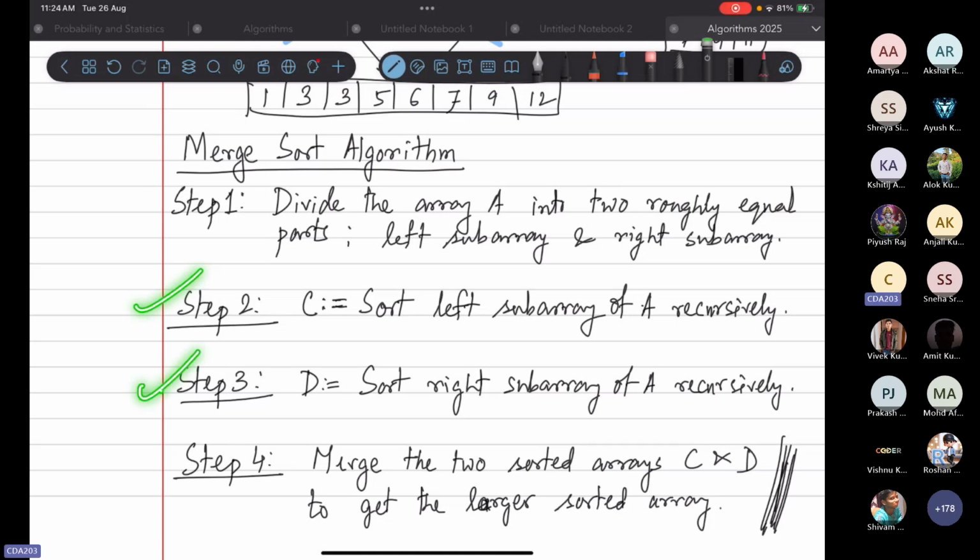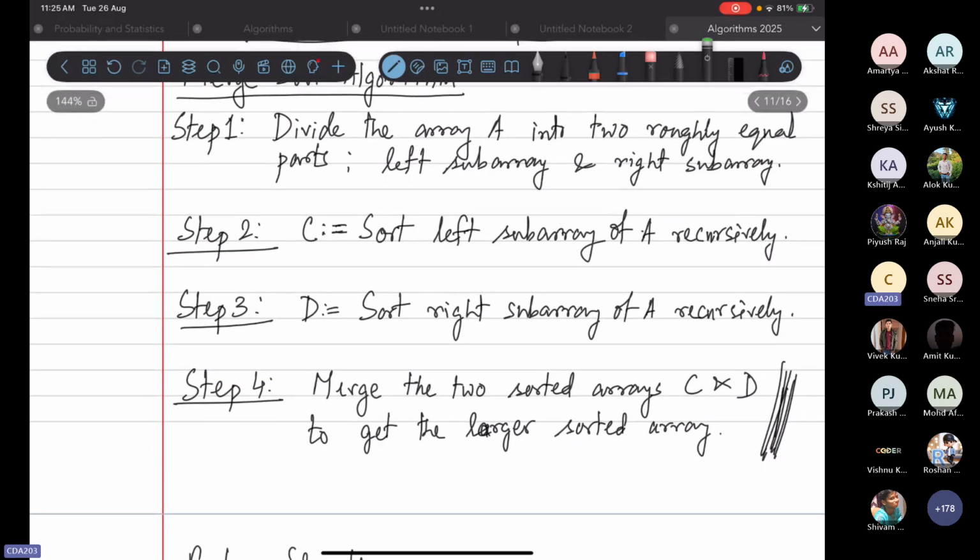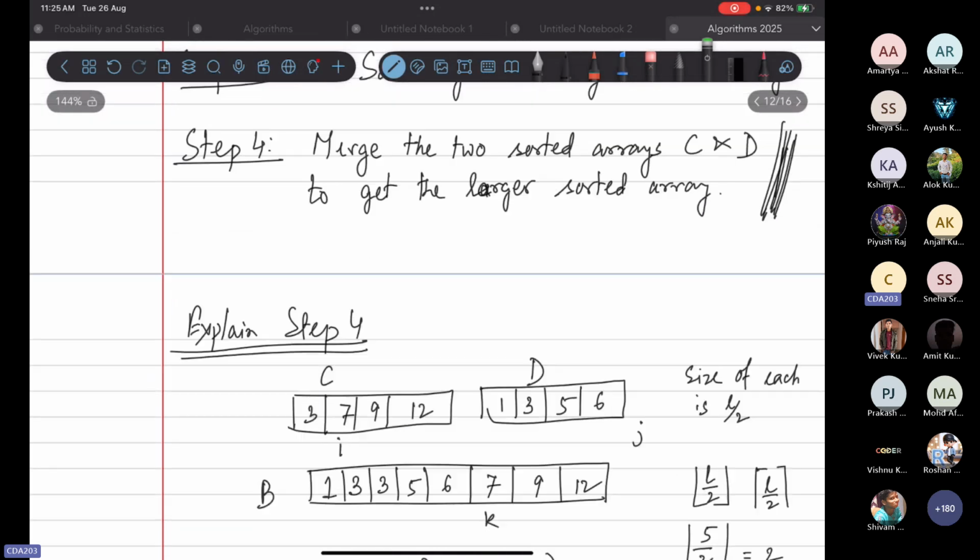Each of these smaller subarrays is of size less than k. So by induction hypothesis, I can assume that these are sorted. And the only step I have to justify is step 4. What I have to argue is that in step 4, while merging two sorted arrays, we are actually creating a larger sorted array.